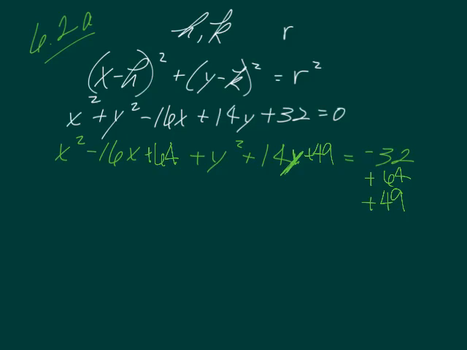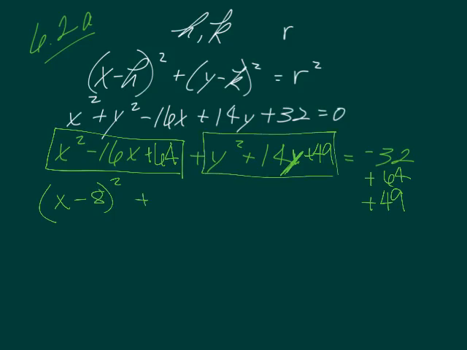So I end up getting, for this part right here, (x minus 8) squared. And then over here I get (y plus 7) squared, equals, adding all those up, 81.